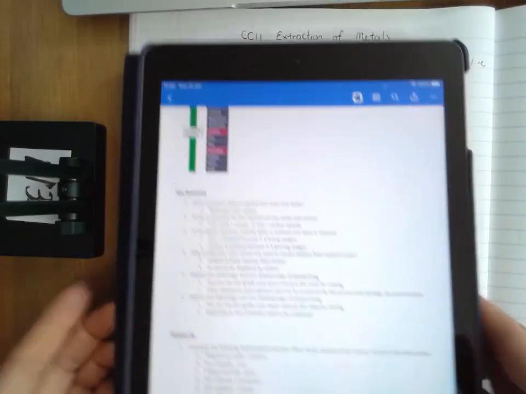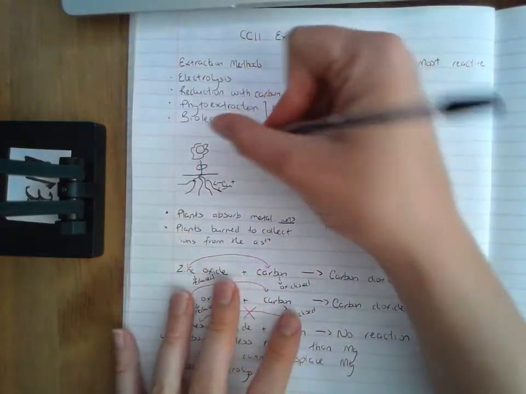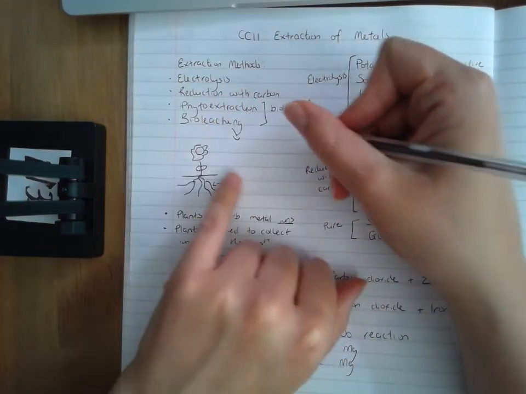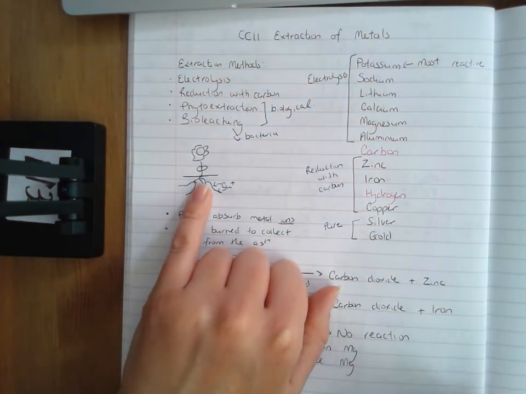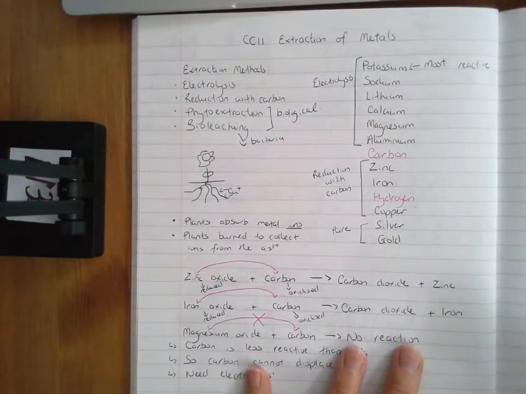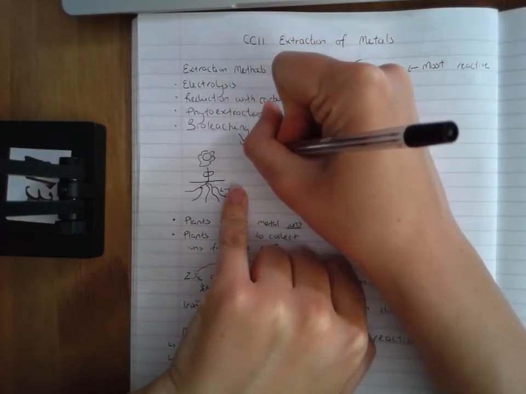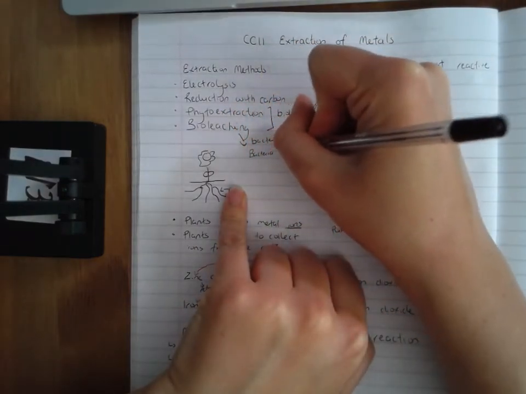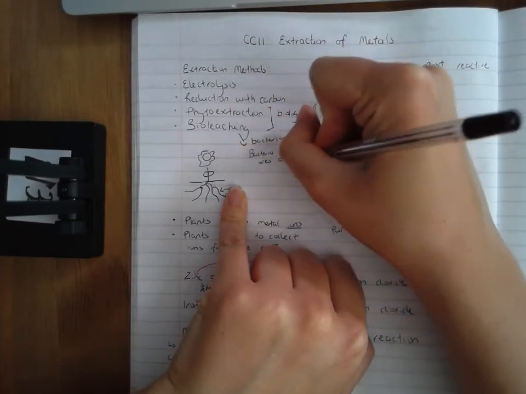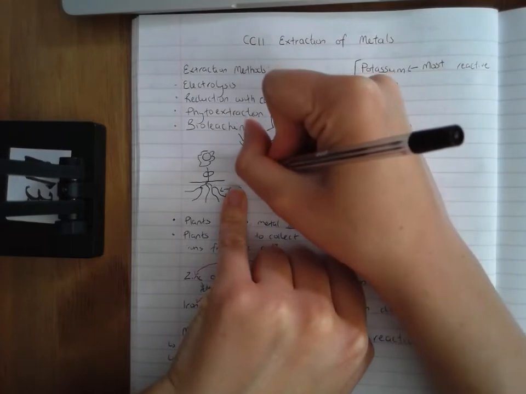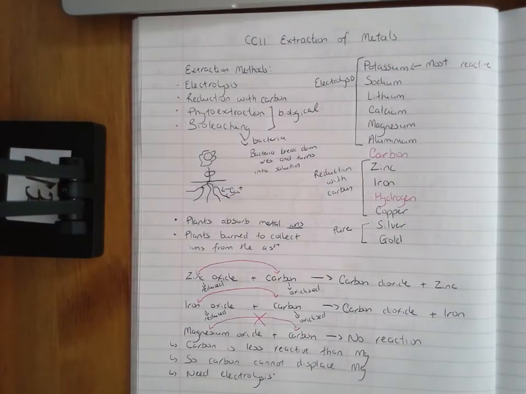Okay, so that's phytomining. Then the other biological method is bioleaching. In bioleaching you are using bacteria. So that is why they're called the biological methods. You've got plants in phyto extraction, you've got bacteria in bioleaching. The bacteria can break down ores and turn them into solution, so it gets the ore into a liquid form.